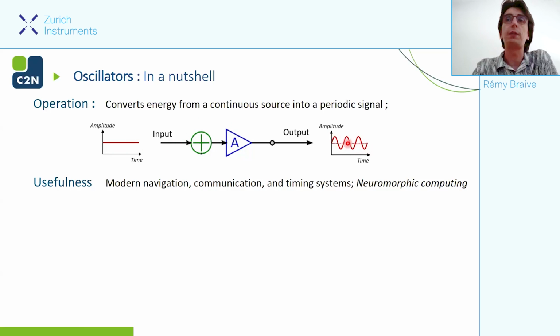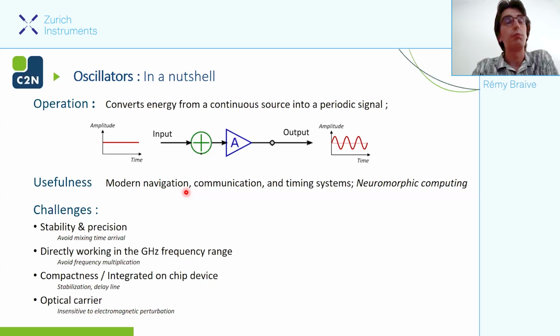This periodic signal needs to be as accurate as possible, especially for really important applications nowadays, such as modern navigation, communication, and even timing systems. And at the end, I will introduce a little of what we could do with such a system for neuromorphic computing.